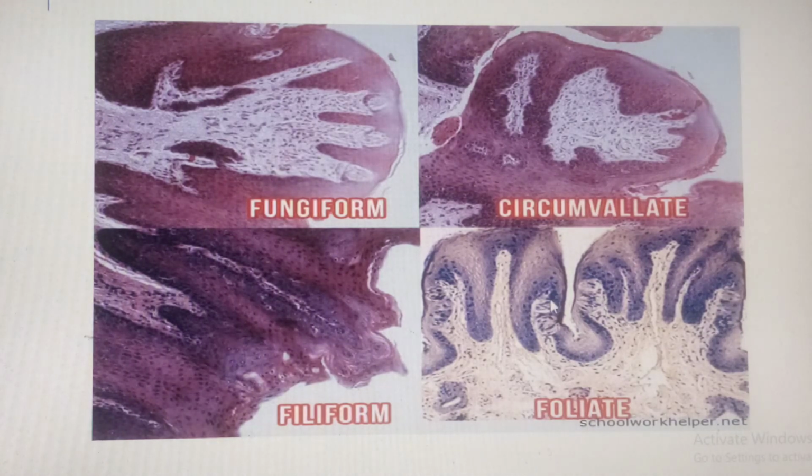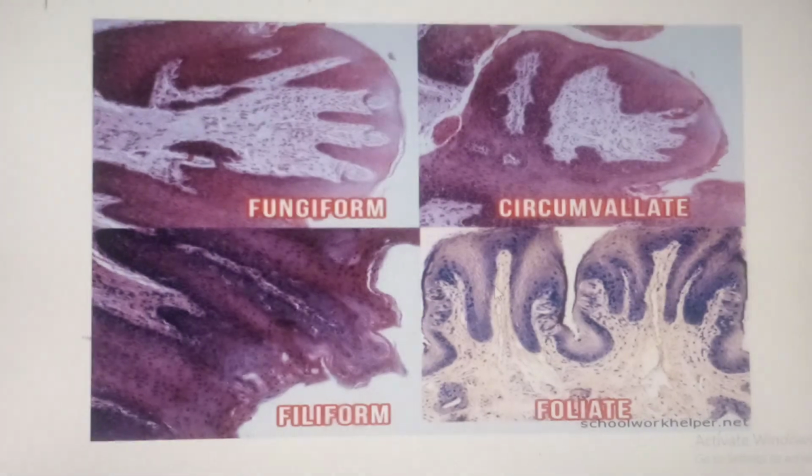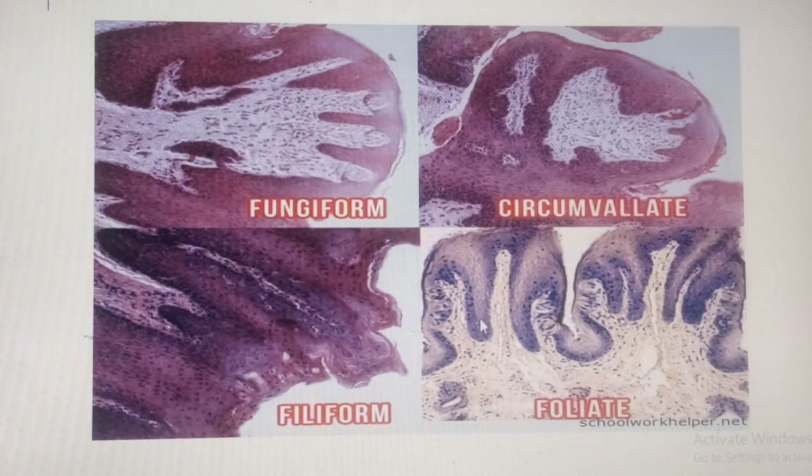Then how do you distinguish between them? We look at how deep the epithelial pegs and connective papillae are. In the case of shallow epithelial pegs and connective papillae, we know that we are looking at circumvallate papilla. Very simple. And if the epithelial pegs and connective papillae are very deep, then we are looking at the foliate papilla.